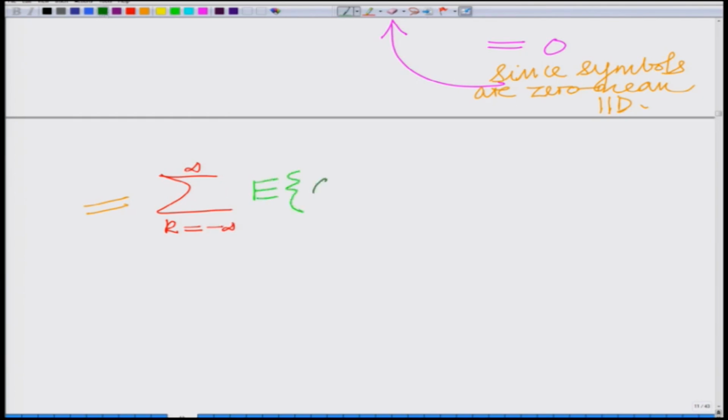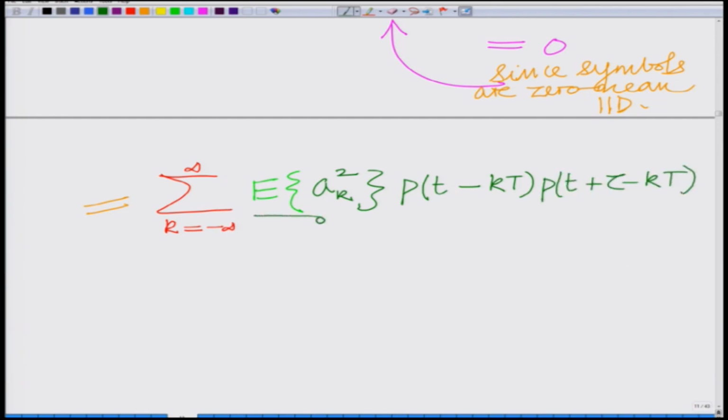This will become expected value of a_k square, into p(t minus kT) into p(t plus tau minus kT).